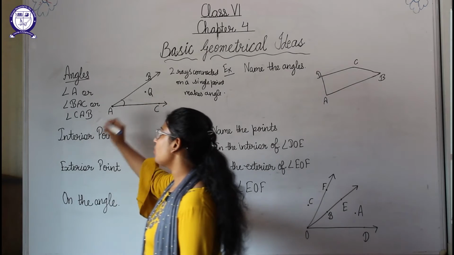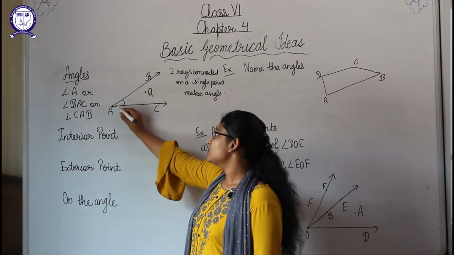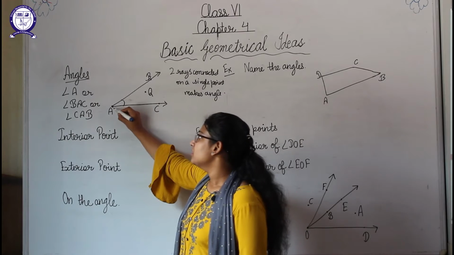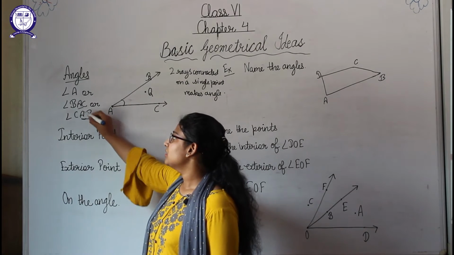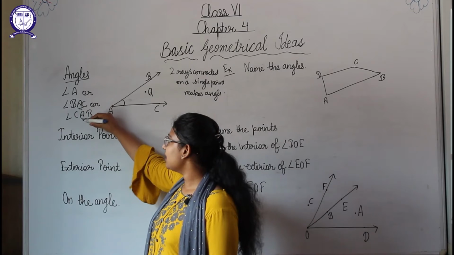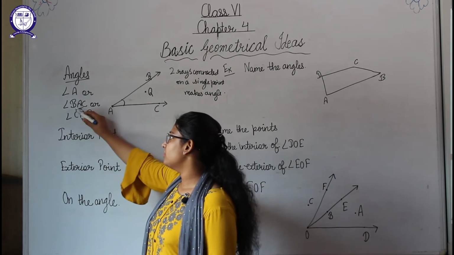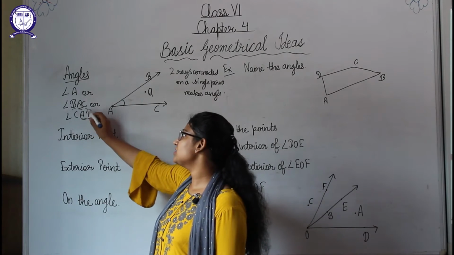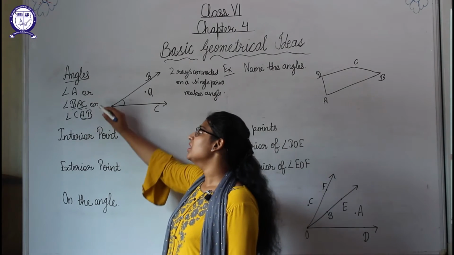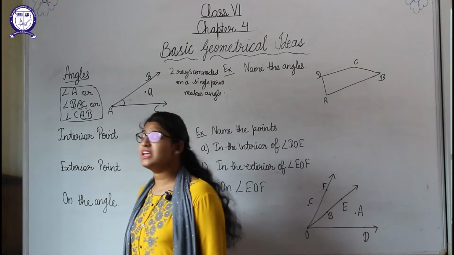In this, students, you have to always remember that this vertex point on which these two rays are connecting should be in the middle. It's coming in the middle here, A, and these two endpoints can be written first or second in any manner. Here I have written BAC, or here I have written CAB. So in these three manners we can write the name of any angle.